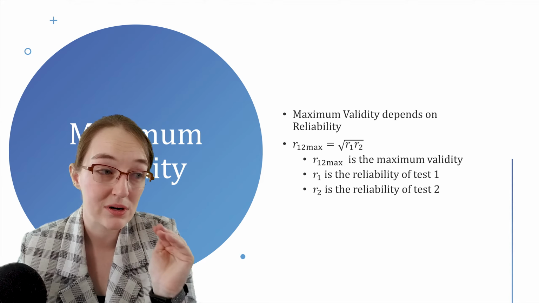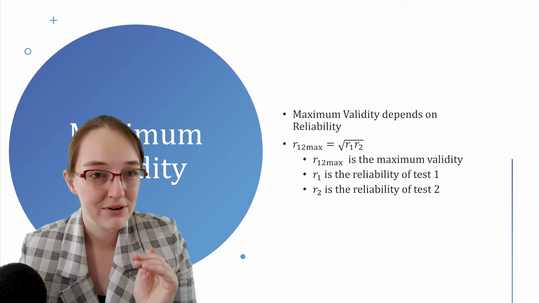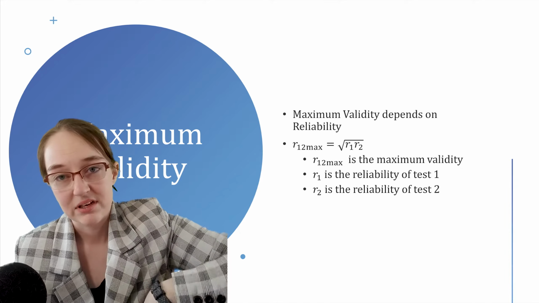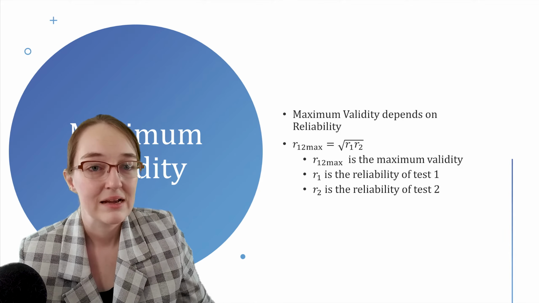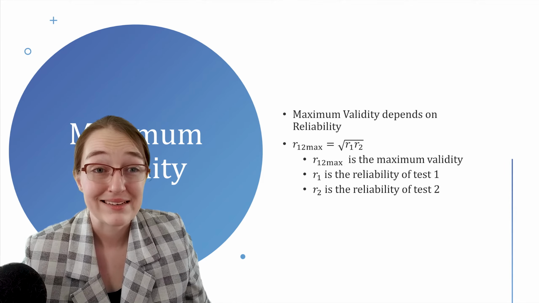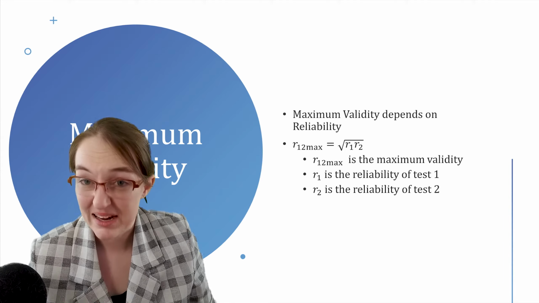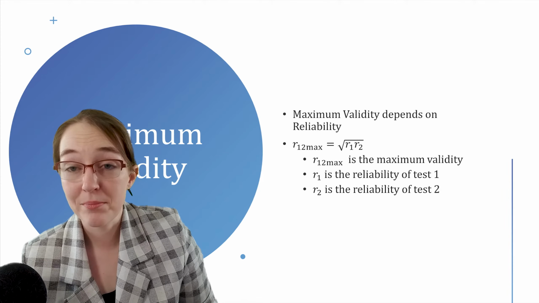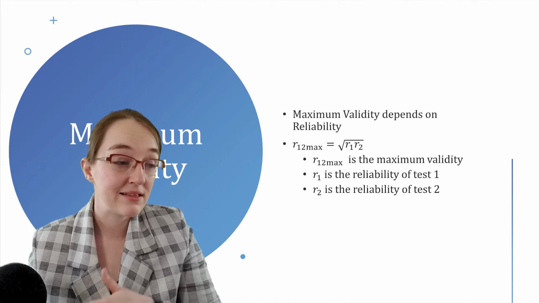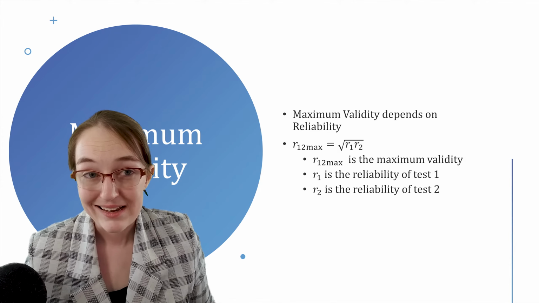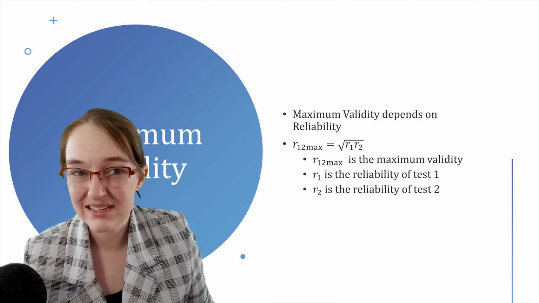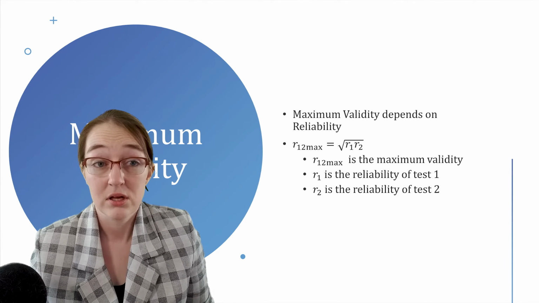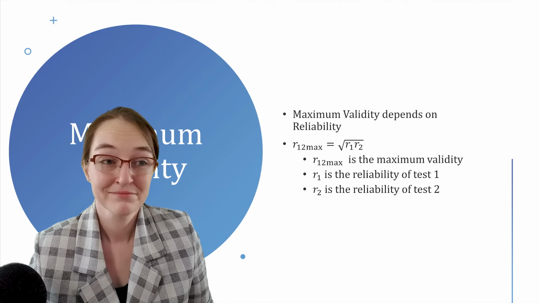Then your maximum correlation is the square root of 1 times 0.8, so that is 0.89. That is your maximum. So if you have one perfect measure and one pretty good measure, the maximum correlation possible is a little less than 0.9. And if one of your measures is totally unreliable, you can't predict anything.